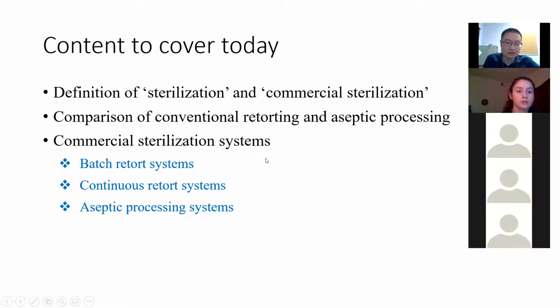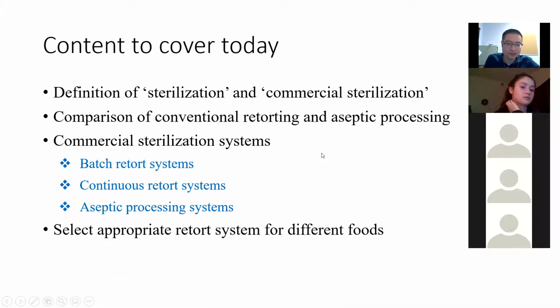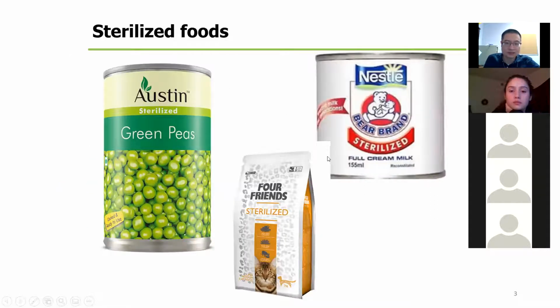And we'll learn about 3 different commercial sterilization systems: the batch retort, continuous retort, and aseptic processing. And we'll try to pick the appropriate retort system for different food types.